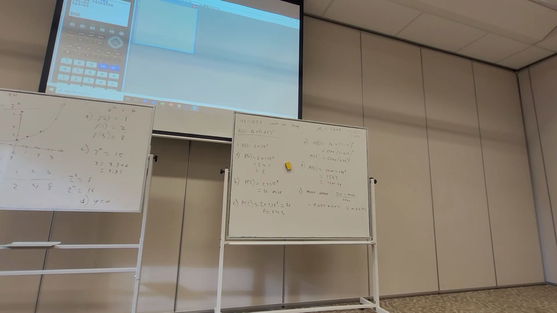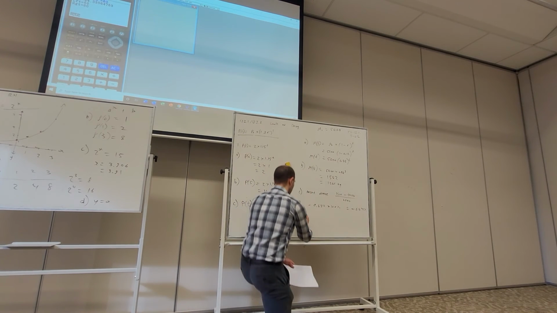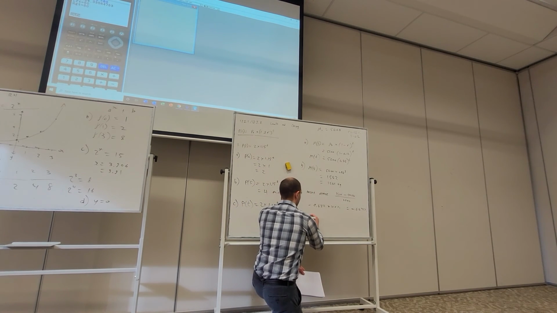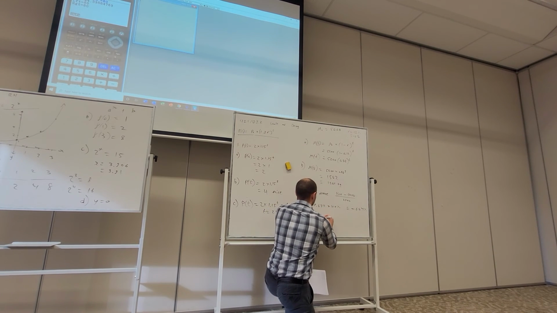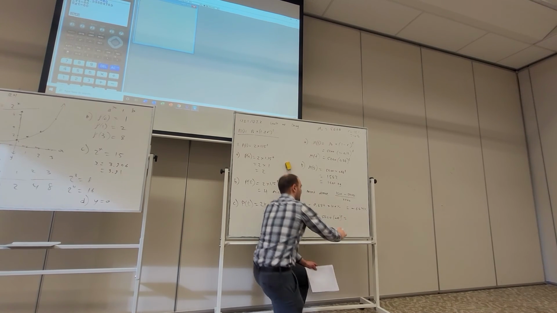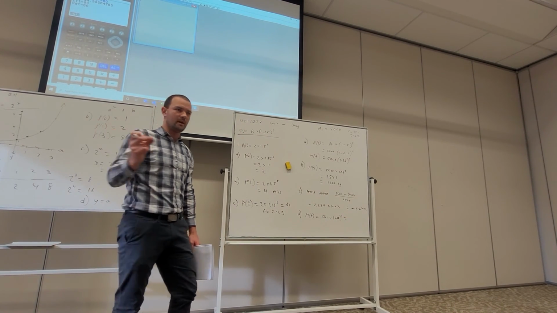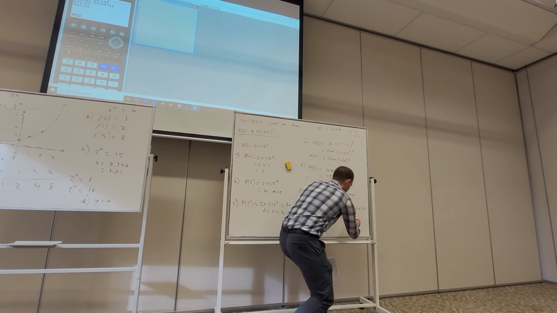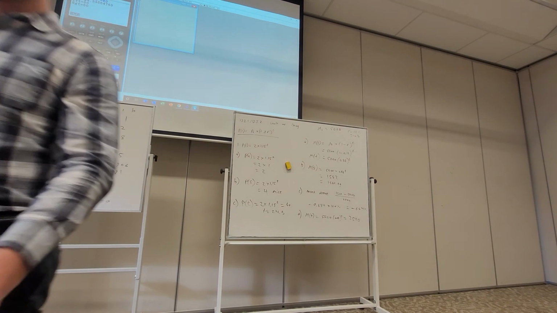And the last part: how long does it take for the pile of sand to halve? That is when 5,000 times 0.88 to the power of t gives half its original amount. Originally it's 5,000, so half of that will be 2,500. I'm going to use equation solver again.